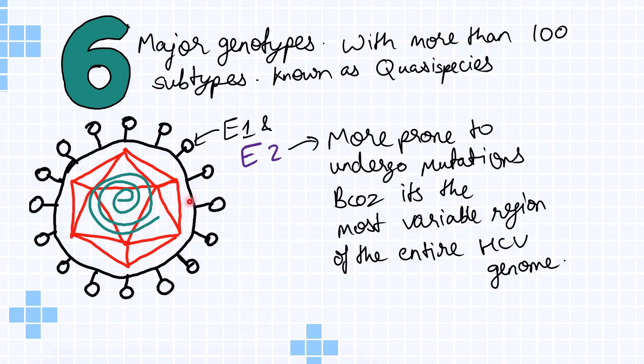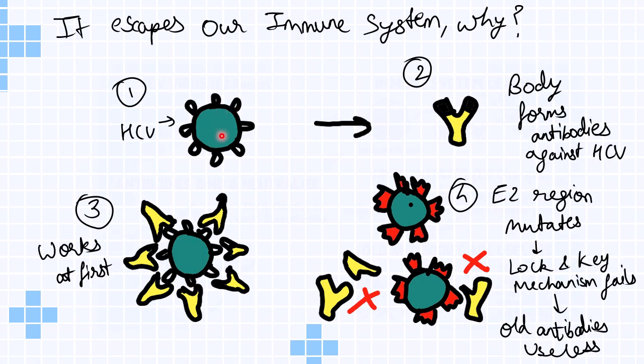Again, this is the structure of hepatitis C virus. We have E1 and E2 as glycoproteins. In this, E2 is more prone to undergo mutations because it is the most variable region of the entire HCV genome. So, hepatitis C is a virus, and the body naturally forms antibodies against hepatitis C. It works at first and they form lock and key mechanism.